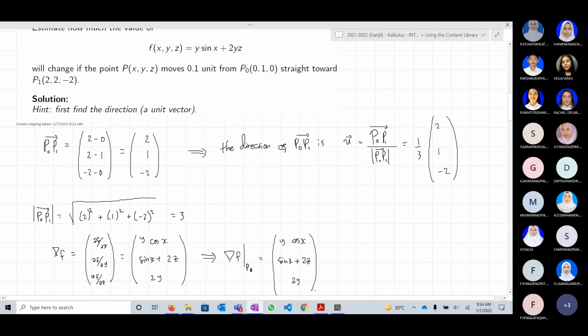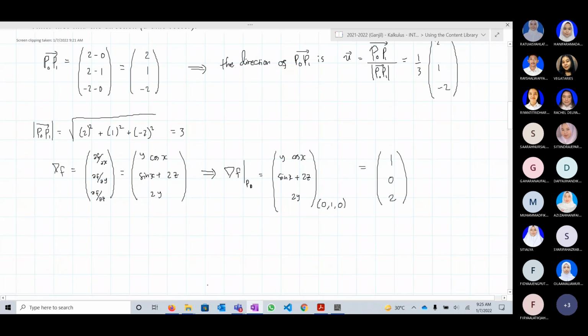So we evaluate at p0, which is (0, 1, 0). In this case, cosine of 0 is 1 times 1, that is 1, then 0 plus 0, then 1. Oh, sorry, not 1, 1 times 2, so it's 2. So now we have all the ingredients.